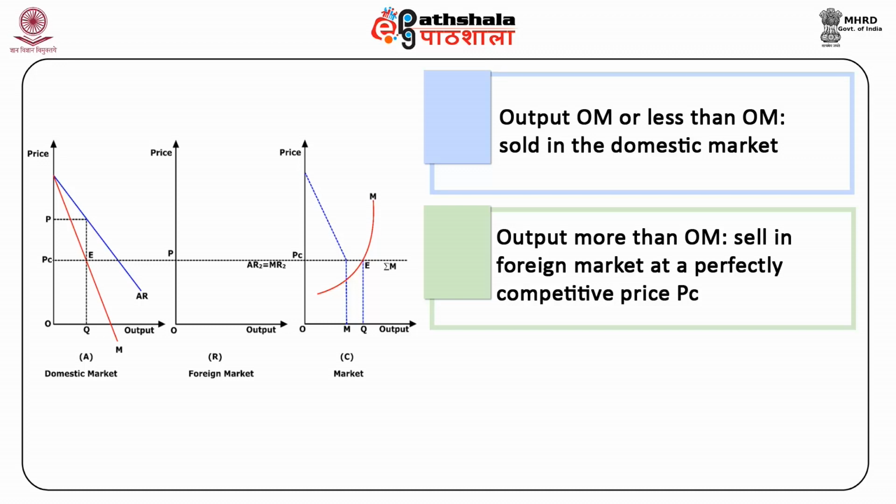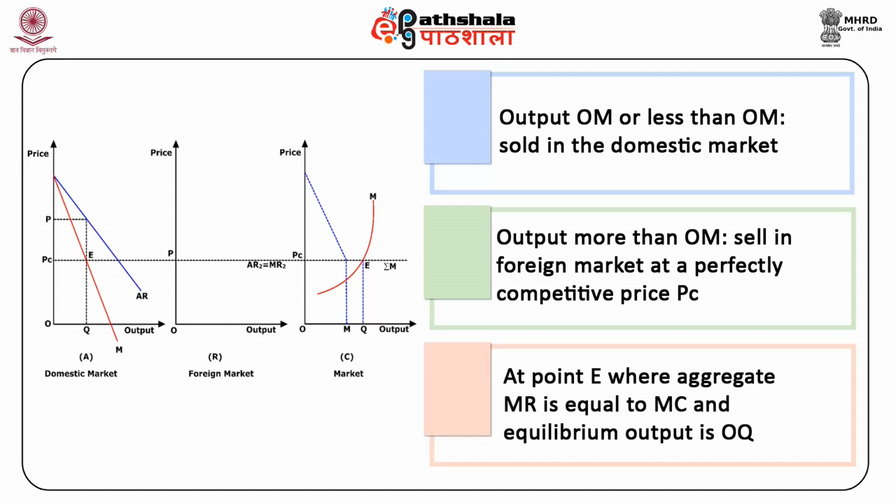The equilibrium is determined at point E where aggregate MR is equal to MC and equilibrium output is OQ. The equilibrium output OQ is more than output OM, that is, the seller is selling some output in the foreign market as well.